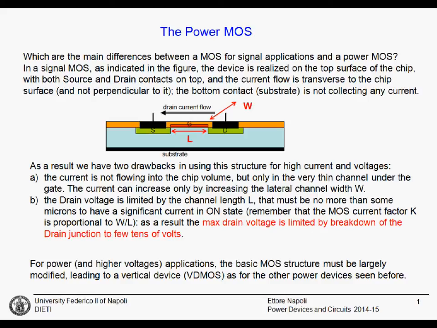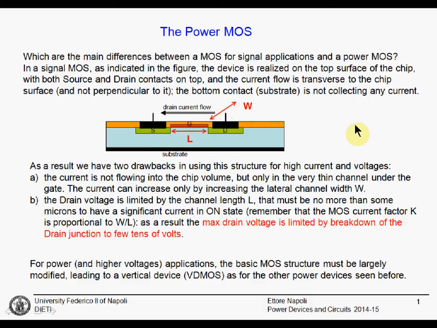Important parameters of this structure are the gate length, that is the distance between source and drain, and the gate width. The width is important because it determines the amount of current that can flow. In order to increase the current, you need to increase this width.